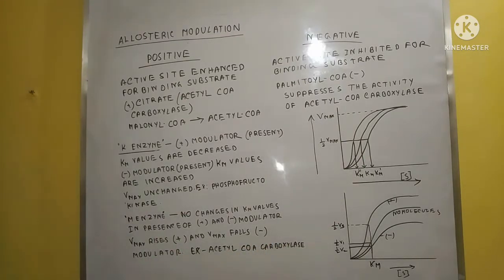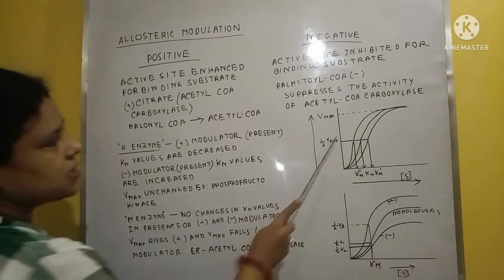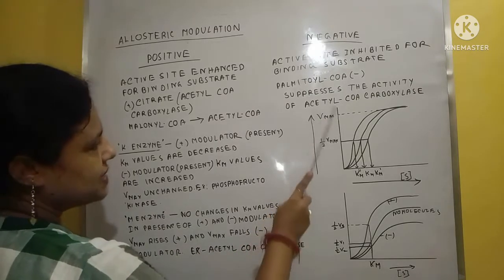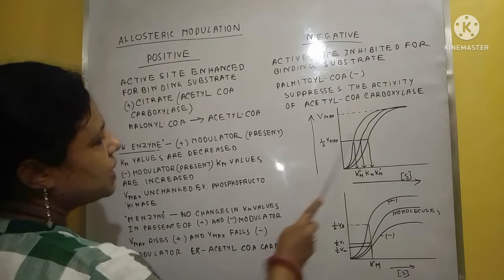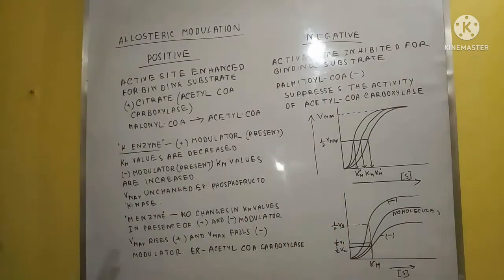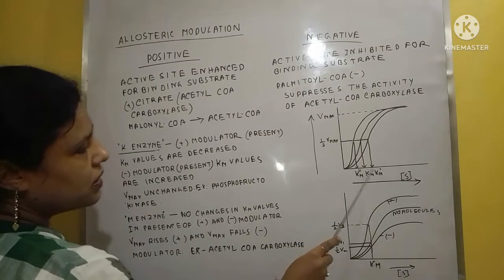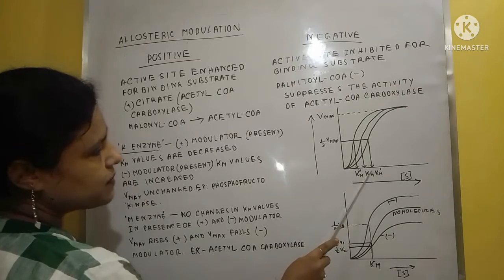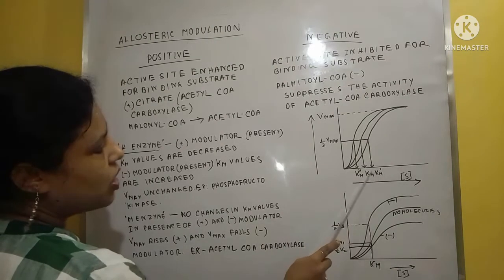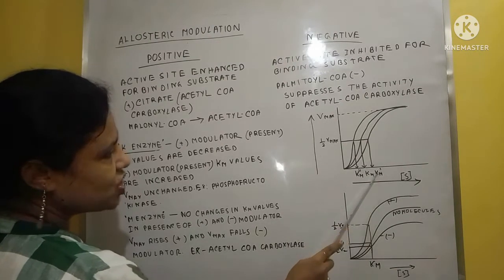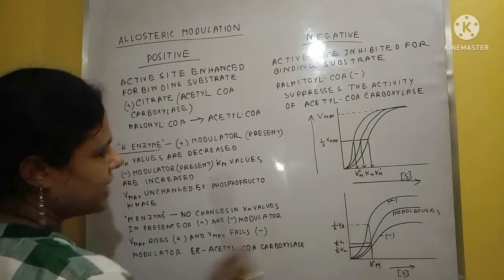Okay, and the Vmax is the same. Half Vmax and the Vmax remain the same in the three situations. Next, we can see here the three steps: Km dash, Km and Km double dash.